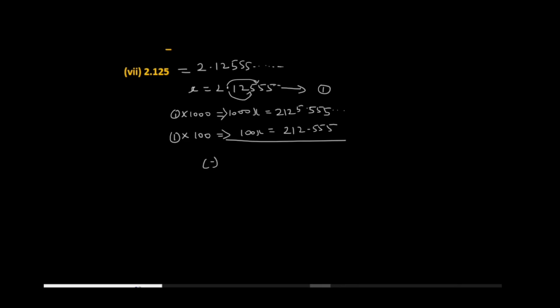So when we are subtracting, all the decimals will cancel. Only we are having the integral part, 1913. On this side, 900x.